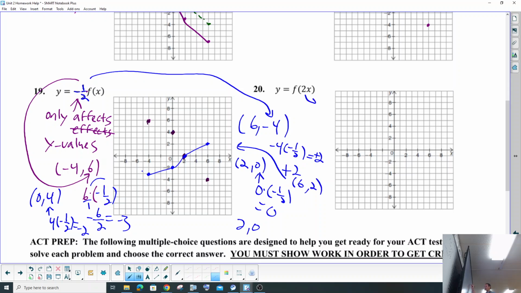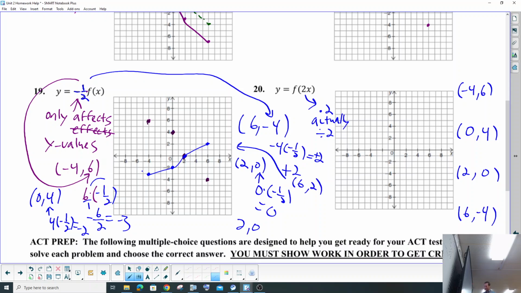Okay, so what does that 2 do? So this means you're going to go to the opposite. Instead of times 2, you're actually going to do divided by 2. So take each of those coordinates, which was -4, 6, 0, 4, 2, 0, 2, 0, and 6, -4.